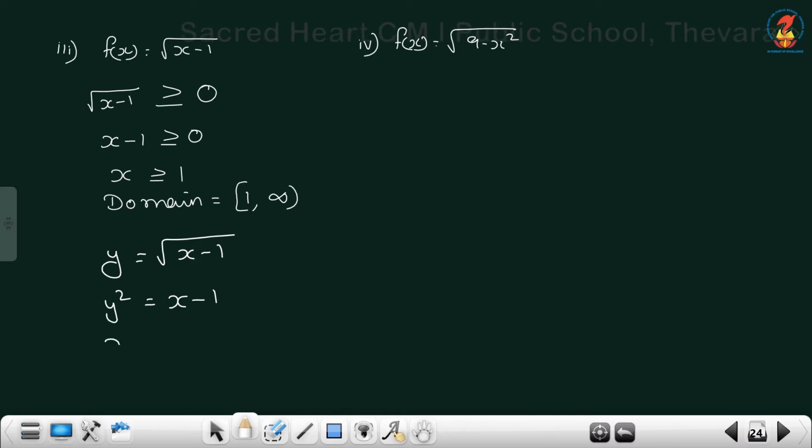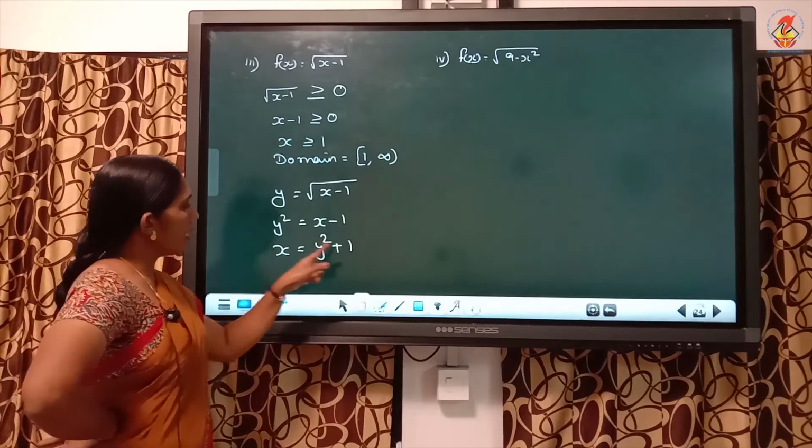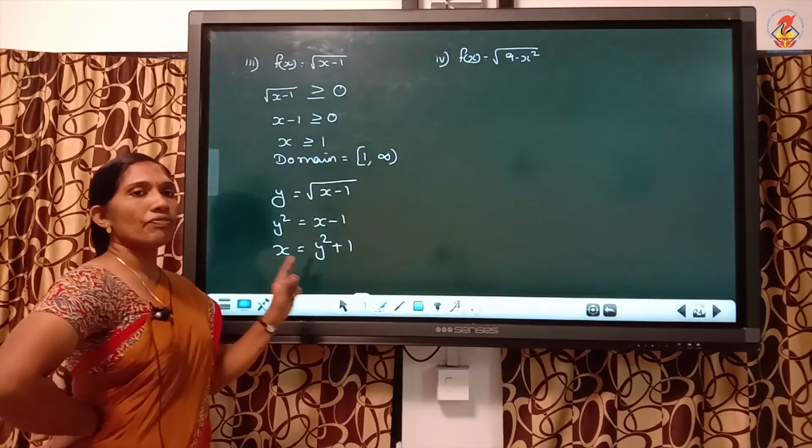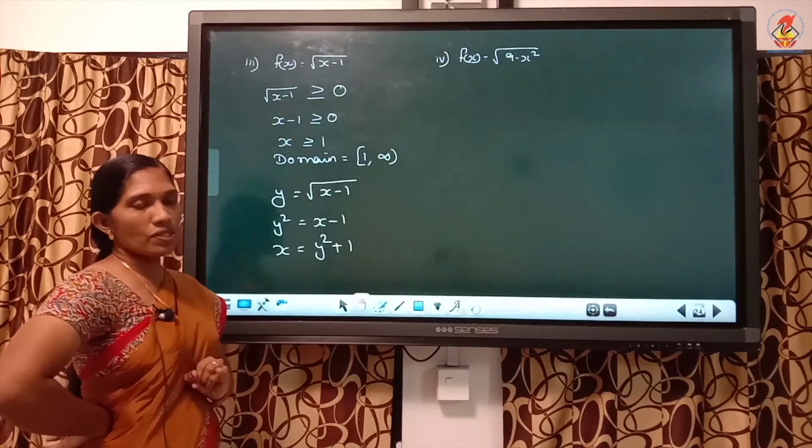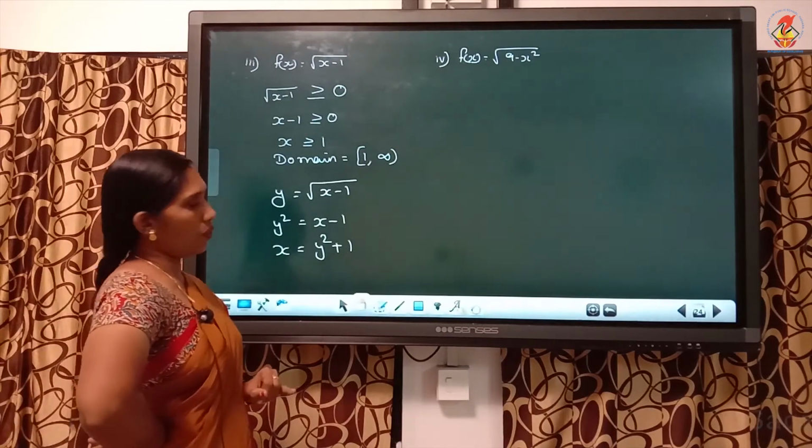So x is equal to y square plus 1, isn't it? Look at the x values, starting value is 1 to infinity. When I give x as 1, this 1 and 1 cancel, so we get y square equal to 0. Y square 0 means y is also 0.